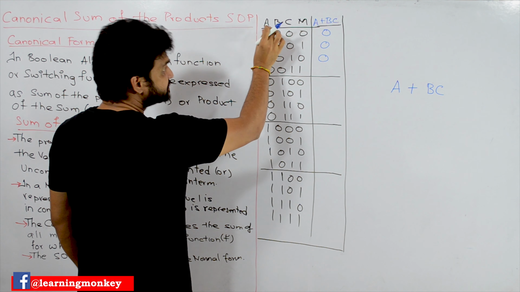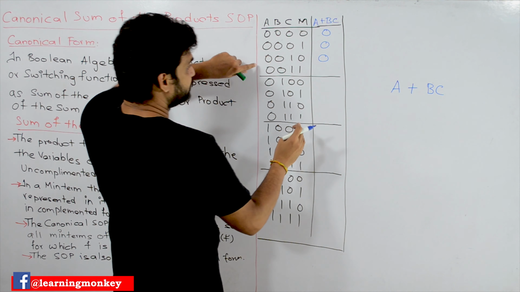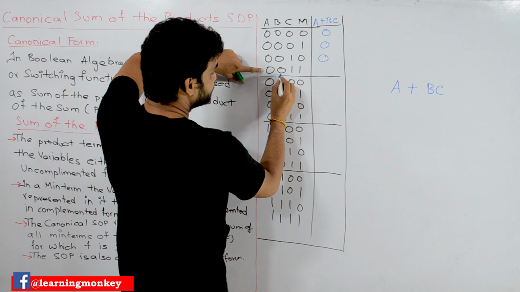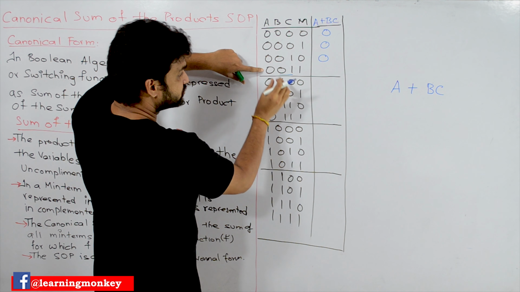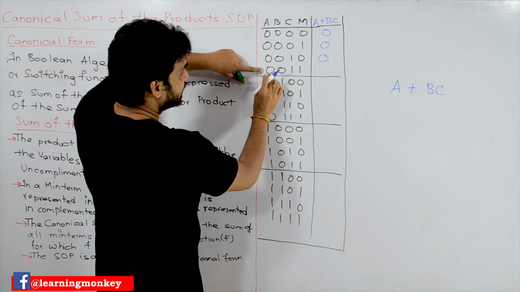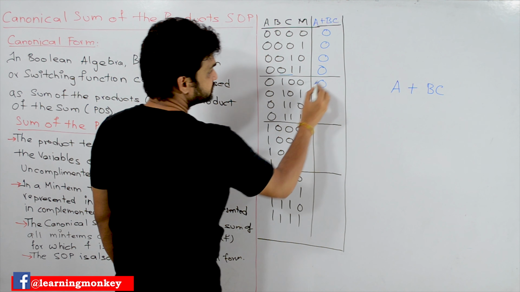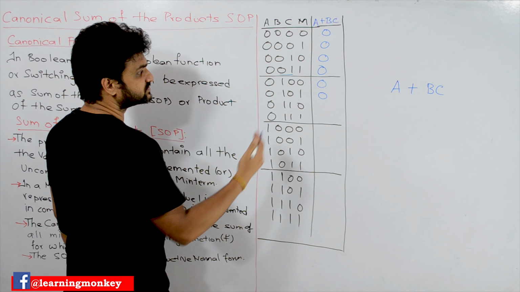If either A is true or BC is true, then only the output is going to be a 1. This is not going to be true because B is false and A is false, so it generates a false. Similarly, this is also going to generate a false, that is, 0.